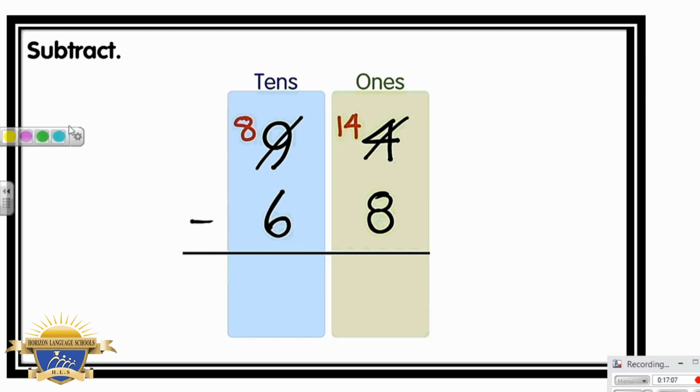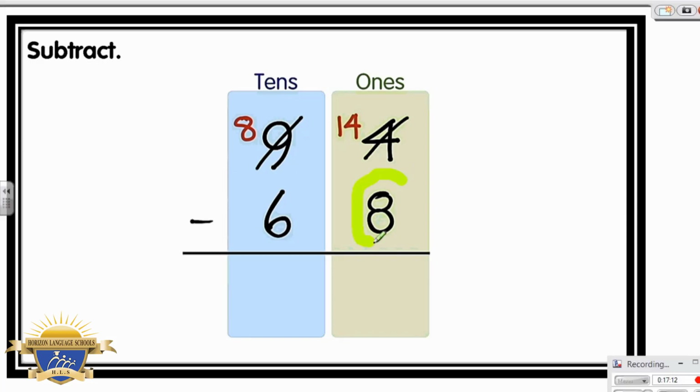We will circle the small number when we subtract, so circle 8 and count after 8 till we reach 14. After 8, 9, 10, 11, 12, 13, 14. How many steps do we count? 1, 2, 3, 4, 5, 6. Right? So 14 minus 8 equal 6.